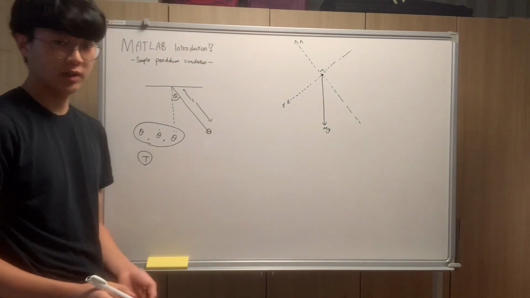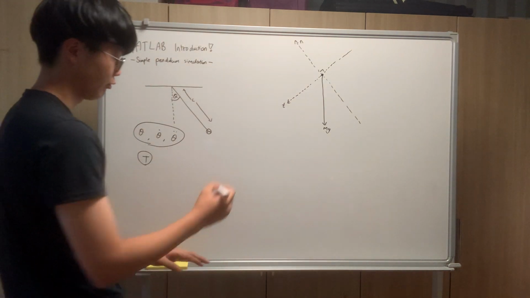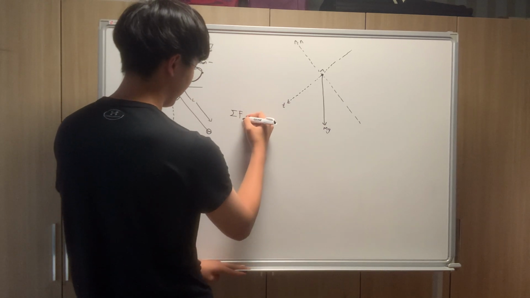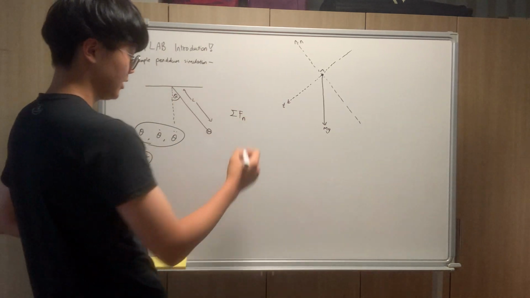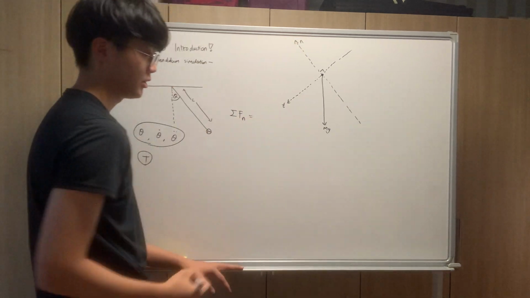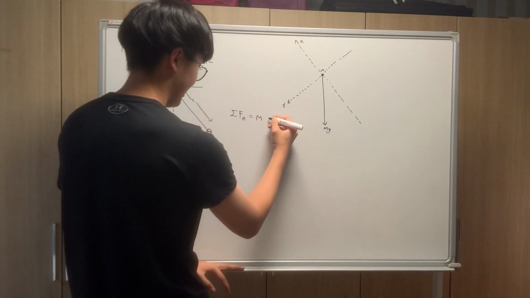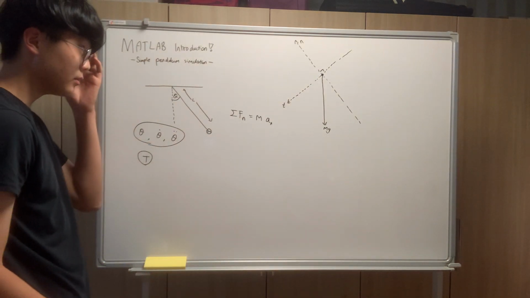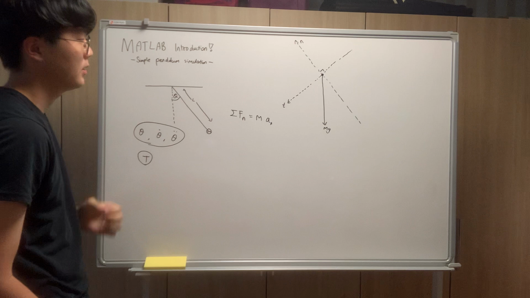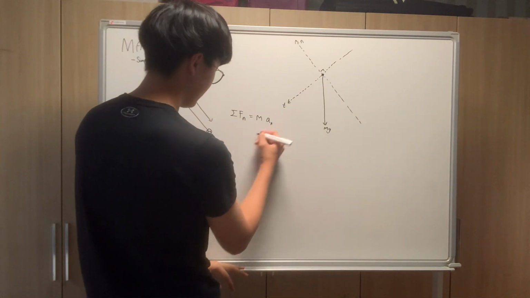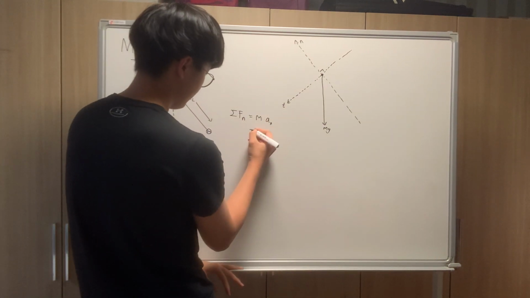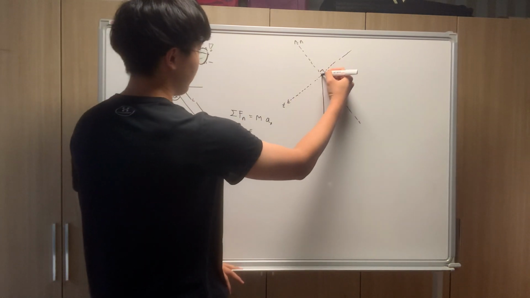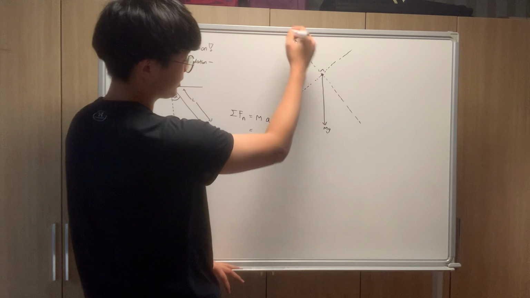So what do we know from Newton's second law? We know that the net force in any direction, in this case the normal direction, is going to be equal to the mass times the acceleration in the normal direction. And imagine what forces are acting in this direction.